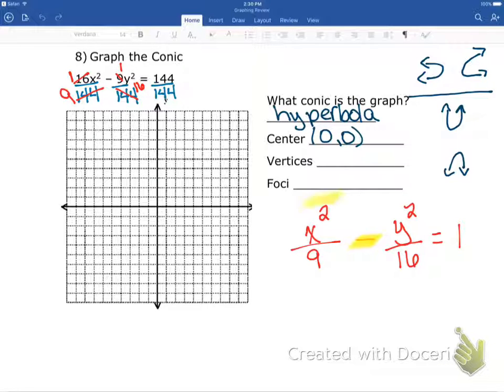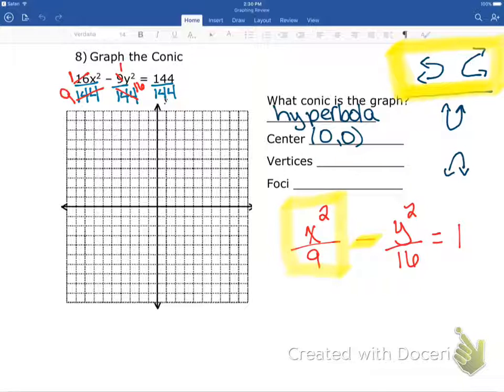And because our x squared comes first, we are going to be looking at a transverse axis that is horizontal. So our end behavior is going to look like this, with the two branches and the vertices along the x-axis.